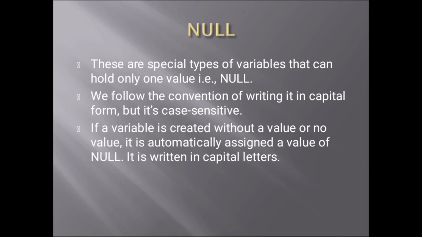What is meant by null? Null is a special type of value that can hold only one value. It is the meaning of null. We follow the convention of writing null in capital form, but it is case sensitive.